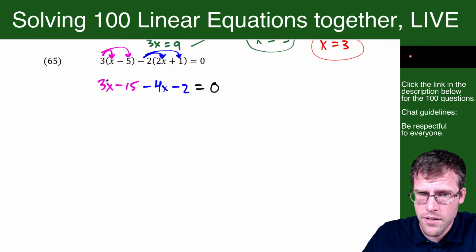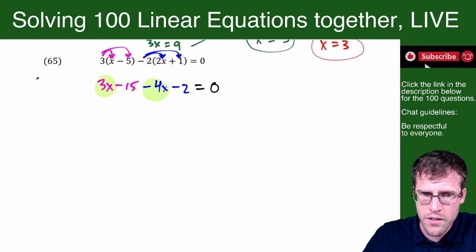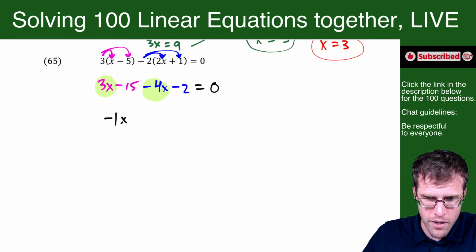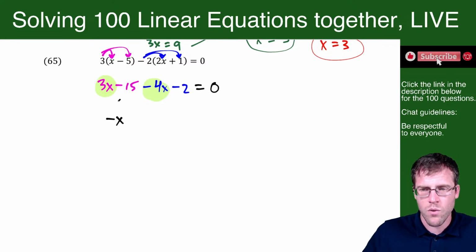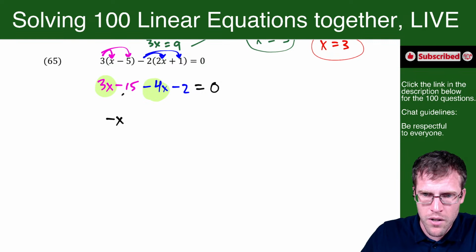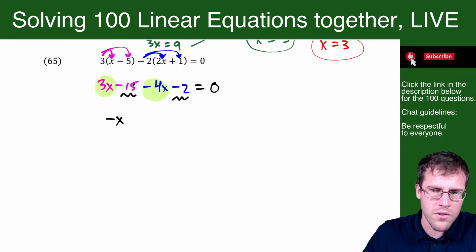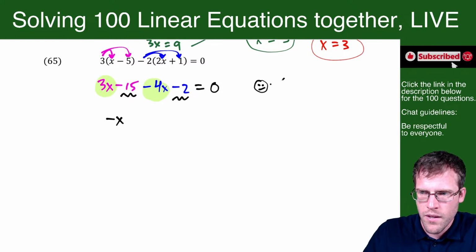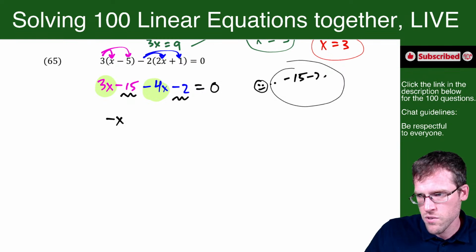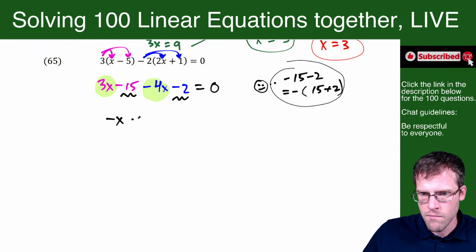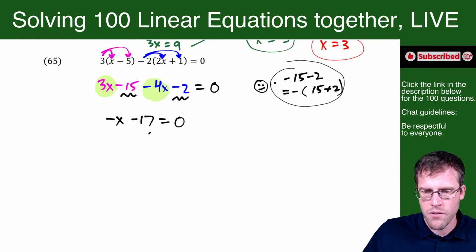Okay, so now combine like terms. 3x minus 4x, that's going to make, I think 3 minus 4 is -1, so I have -1x. I don't have to write the -1 there, but just know it's there, -1x. And then this part, -15 minus 2, I keep bringing this up, but just to reinforce this idea, -15 minus 2 is the same thing as -15 plus 2. So that's -17 is equal to 0.